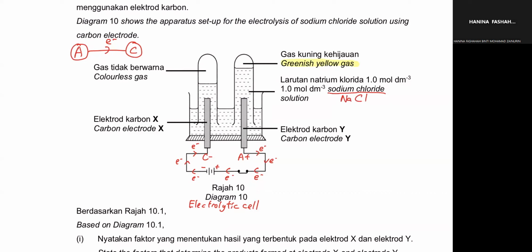The anions go to the anode. The anion is negatively charged, so Cl minus goes here and Na plus goes here, the cations go to the cathode. Always remember that this solution also contains water, so there is also H plus and OH minus.